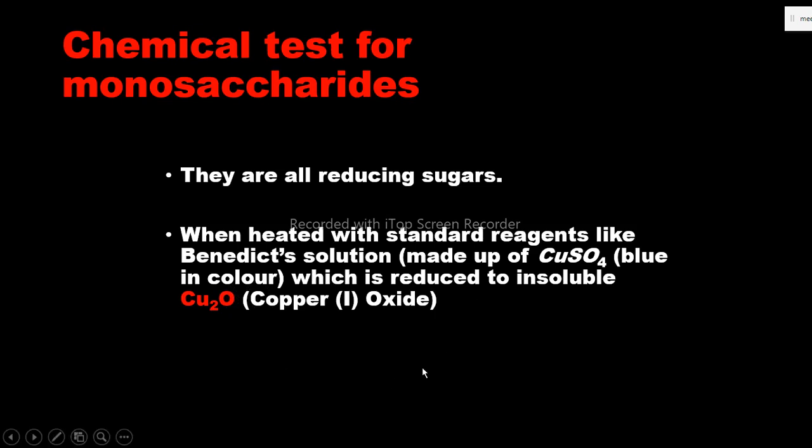So, chemical tests for carbohydrates. They are all reducing sugars, obviously. And so all of them being reducing sugars, when heated with Benedict's solution, then what happens?